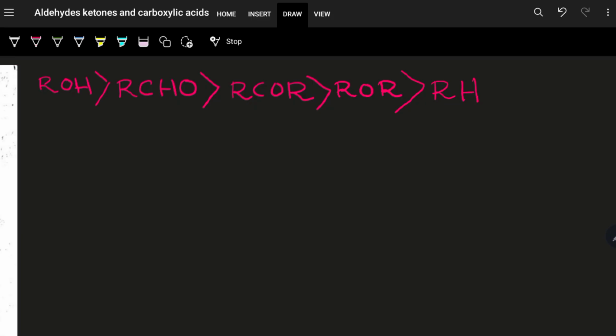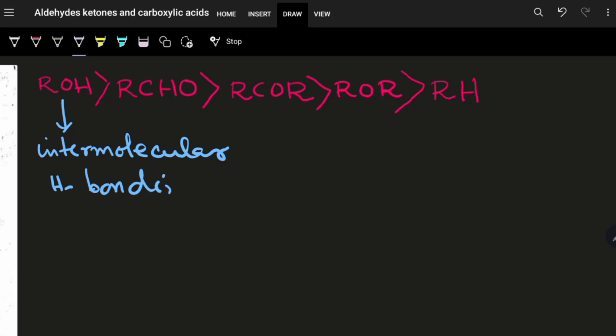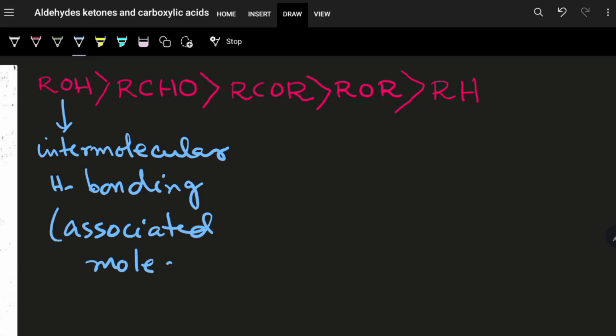So what are the types of interactions that develop in ROH? It is intermolecular hydrogen bonding that forms associated molecules in alcohols, for which the boiling points of alcohols are high. Next comes aldehyde. Lower aldehydes will be more polar, of course, than higher aldehydes.